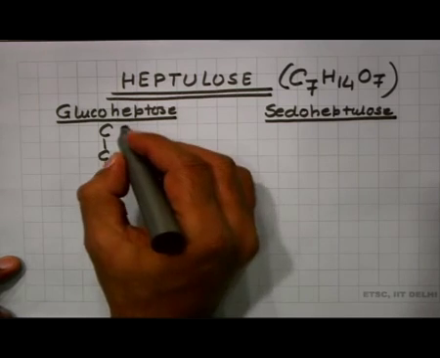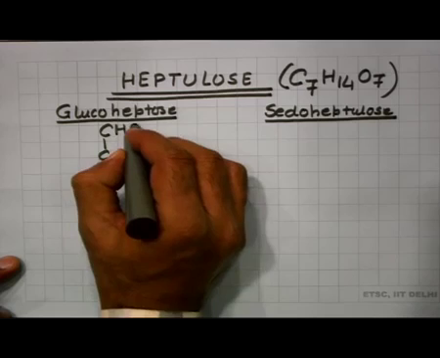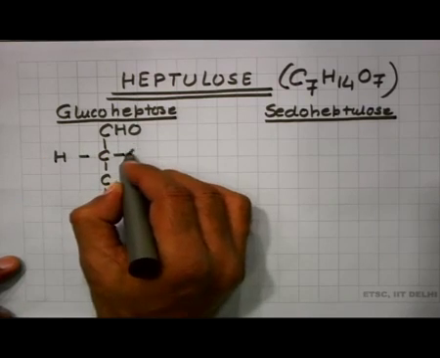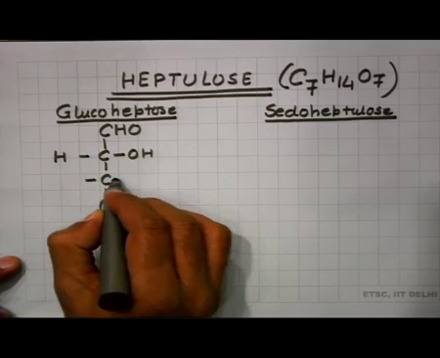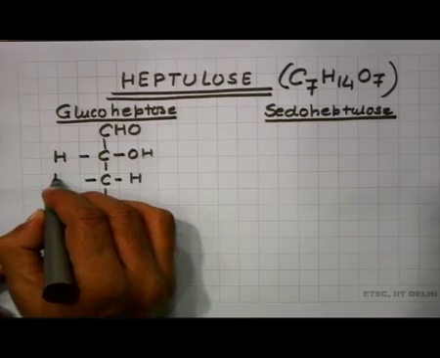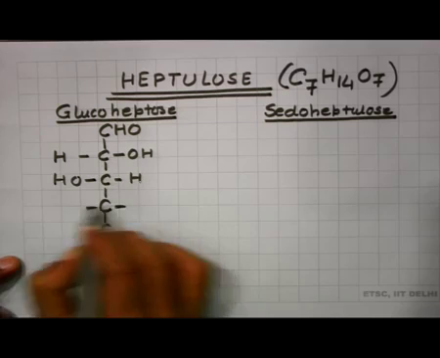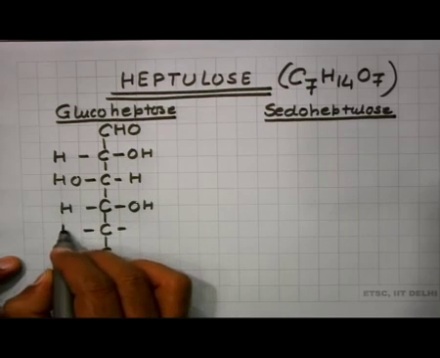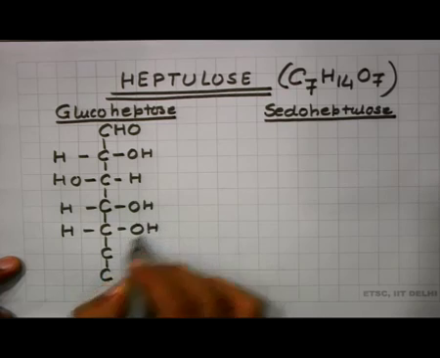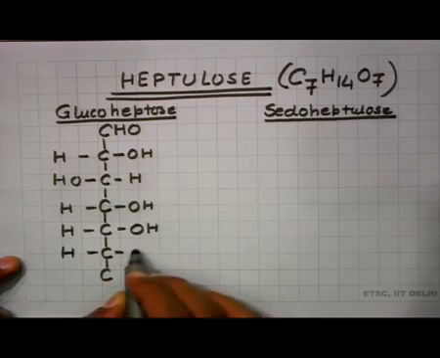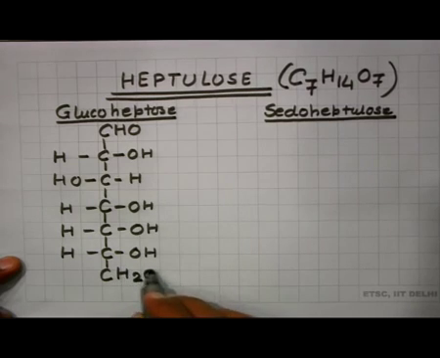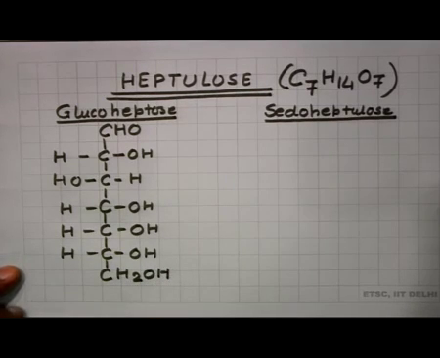At the 1 carbon there is an aldehydic group and the position of H, OH is of this type: H, OH, H, OH, H, OH, H, OH. At the last, 7th position there is CH2OH. So, this is the structure of glucoheptose.